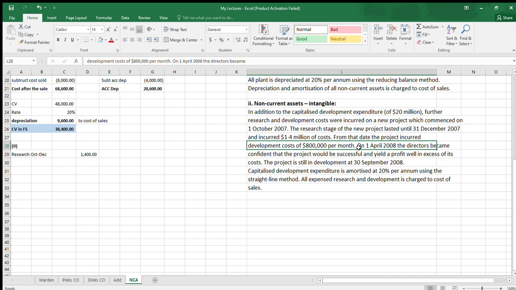Now, on 1st April 2008, the directors became confident. From that date is when we capitalize. But from April backwards to January is going to be expensed. So we have another research expenditure.